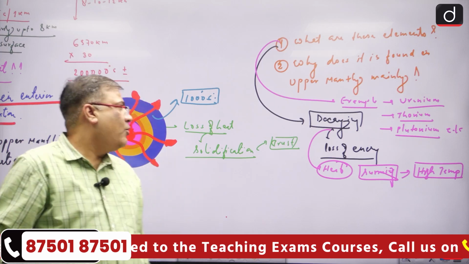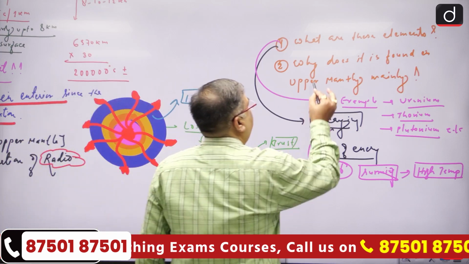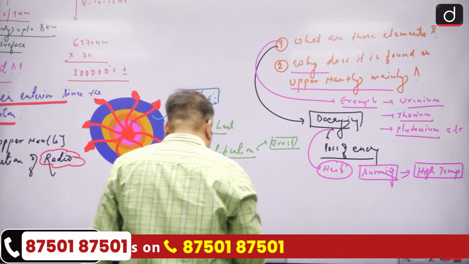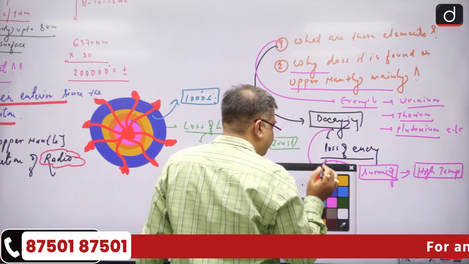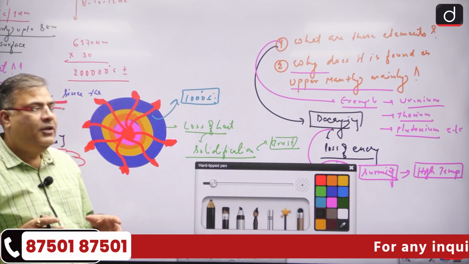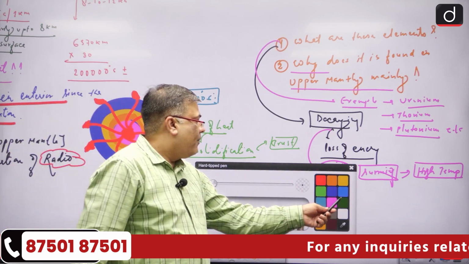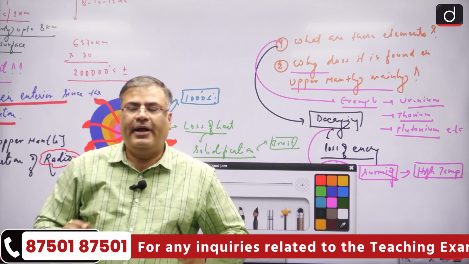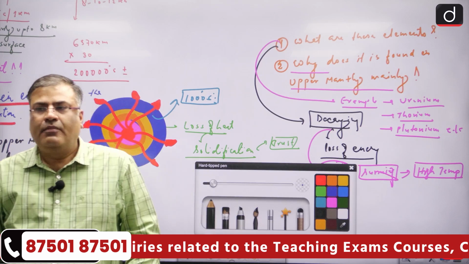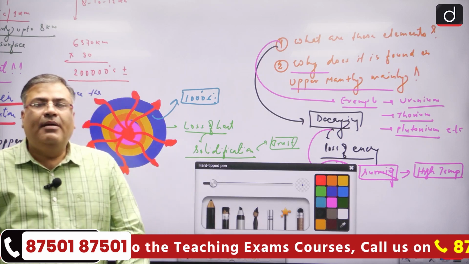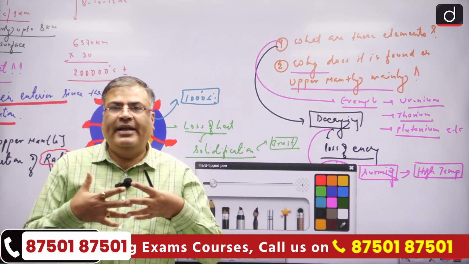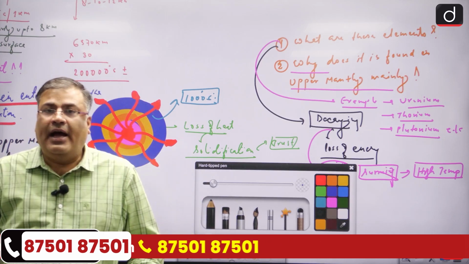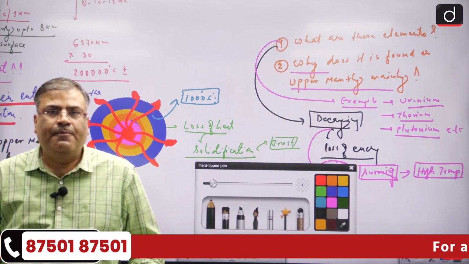Now, the second question is, why is it found in the upper mantle mainly? A very simple thing is that during the process of cooling of the Earth interior, which is still going on, initially a number of planetesimals were colliding with each other, and because of that collision, a high amount of heat was produced.